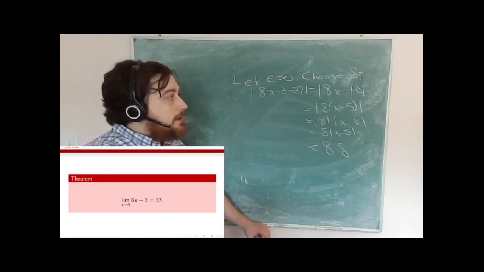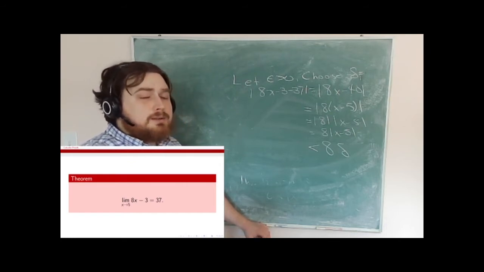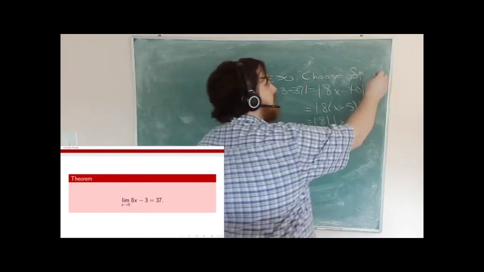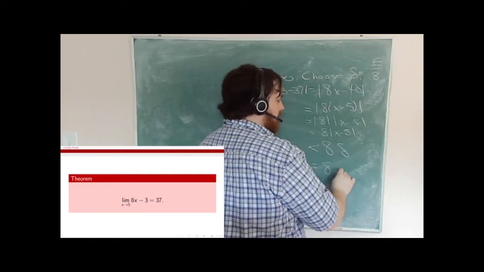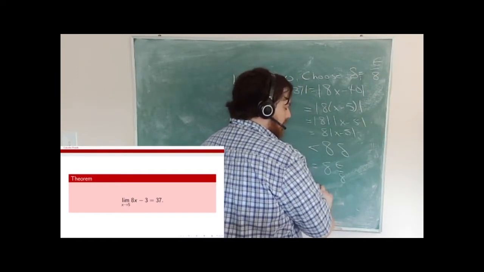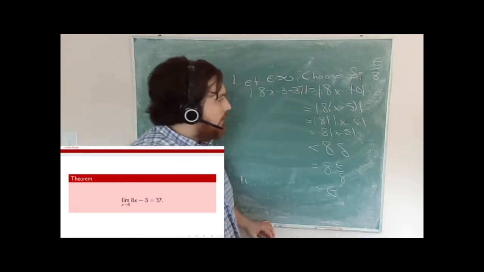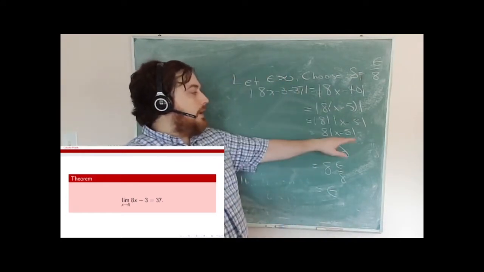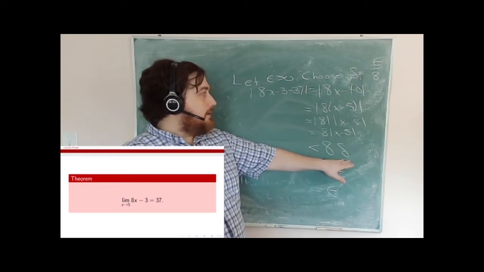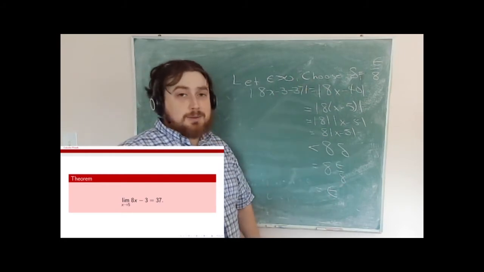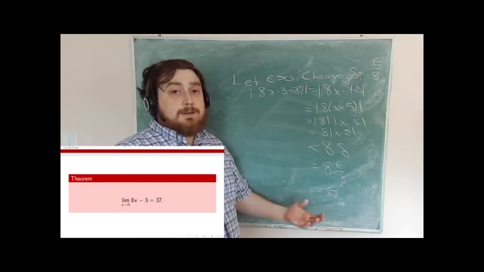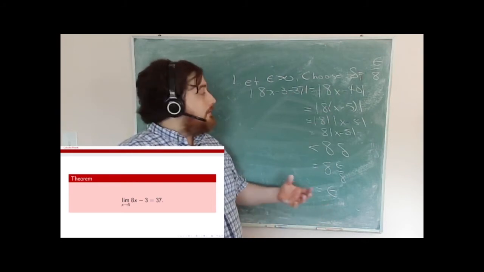Since I get to pick delta, I want to pick a delta so that 8 delta is equal to epsilon. So let's pick delta to be epsilon over 8. And what I get is 8 times epsilon over 8 is just epsilon. And so indeed, if |x minus 5| is less than delta, then we get that |8x minus 3 minus 37| is less than epsilon.